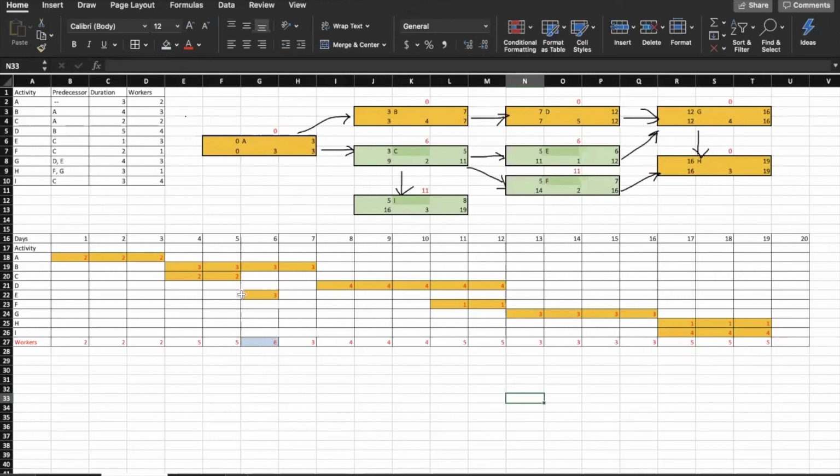Can we move E? We can move E 6 days, which means that it can go as late as being on the 12th.